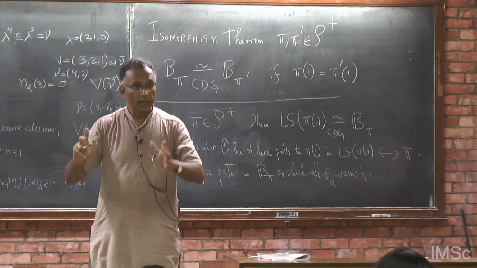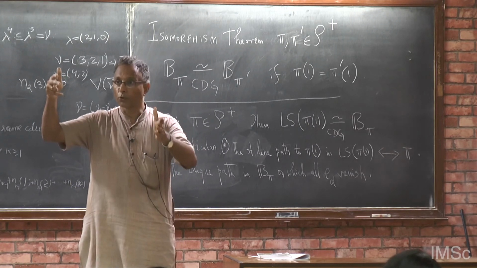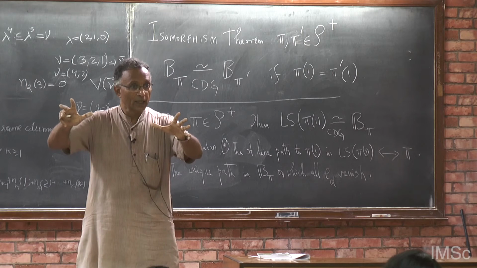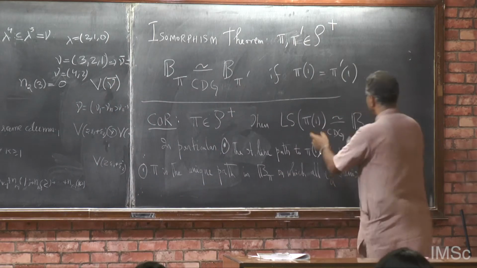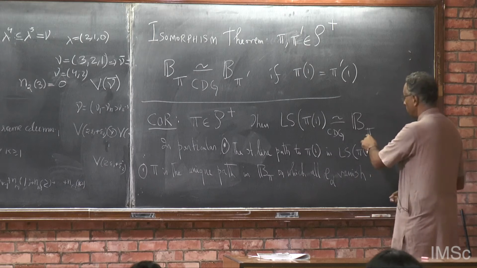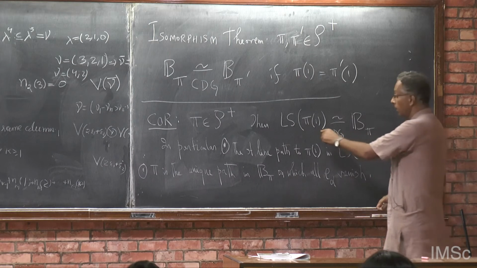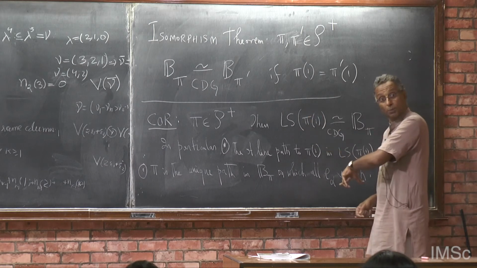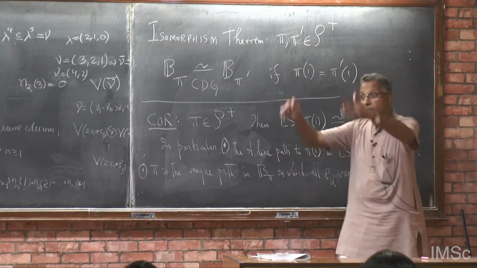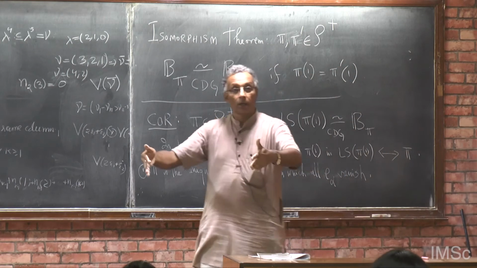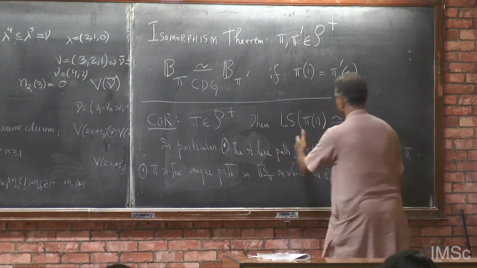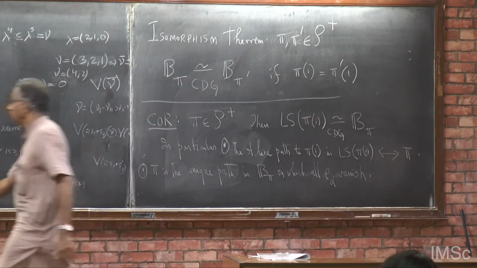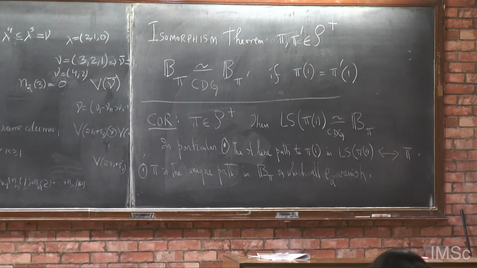Is this clear? And of course, you have to observe that when I scale things, here I go to 2 pi. Here I go to 2 times pi over 1, and scaling preserves the isomorphism. So let's write it out once again.